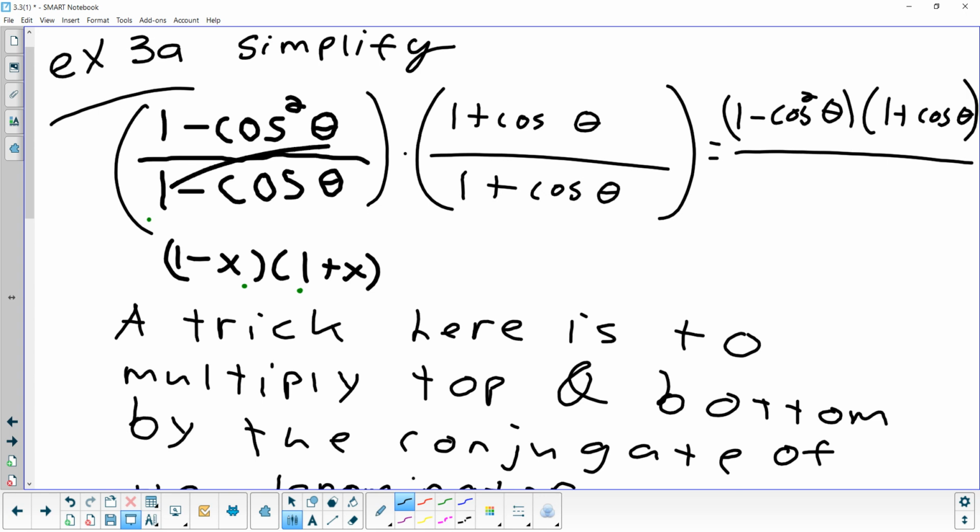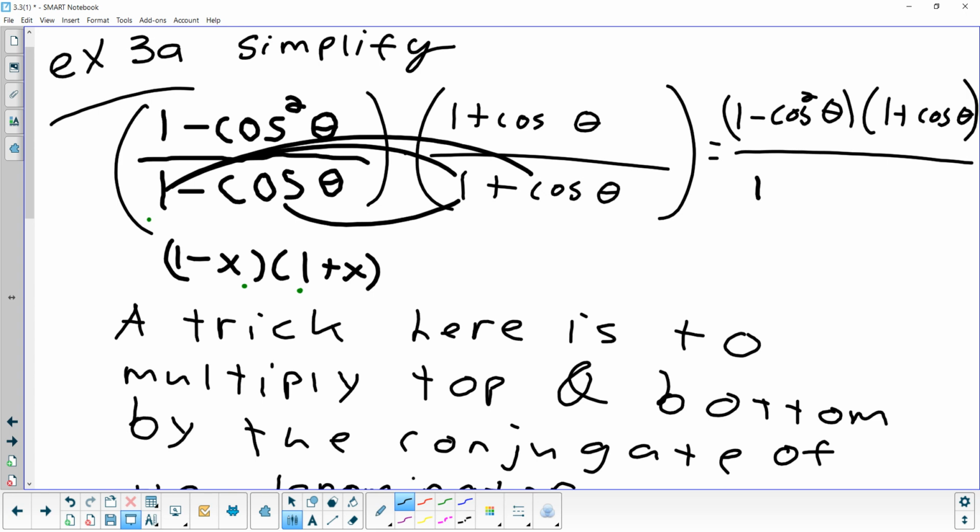All right, let's start with 1 times 1. 1 times 1 is going to give me how much? 1. What's 1 times cosine? Cosine. What's 1 times negative cosine? Negative cosine. And what happens when you have a positive cosine and a negative cosine? They cancel out, and that's what I knew was going to happen.